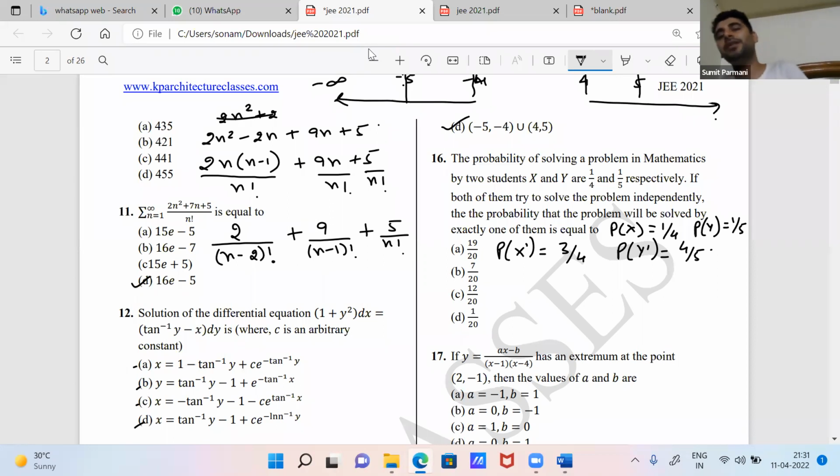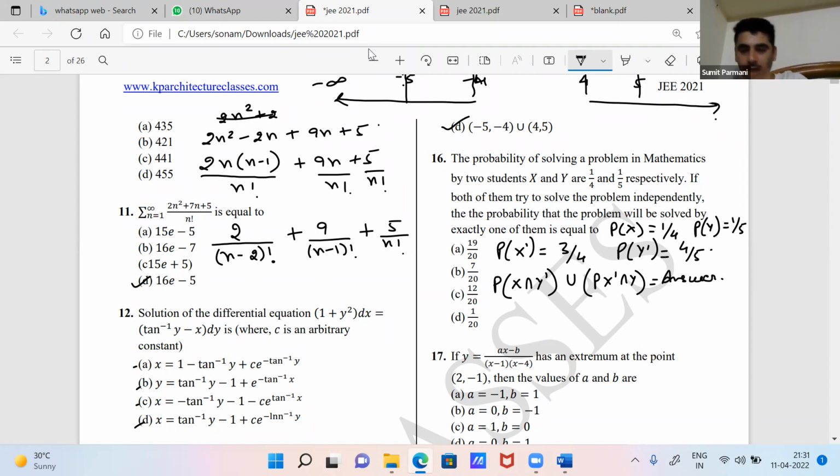If X has given incorrect, then Y gave correct. So P of X intersection Y not union P of X not intersection Y is your answer.